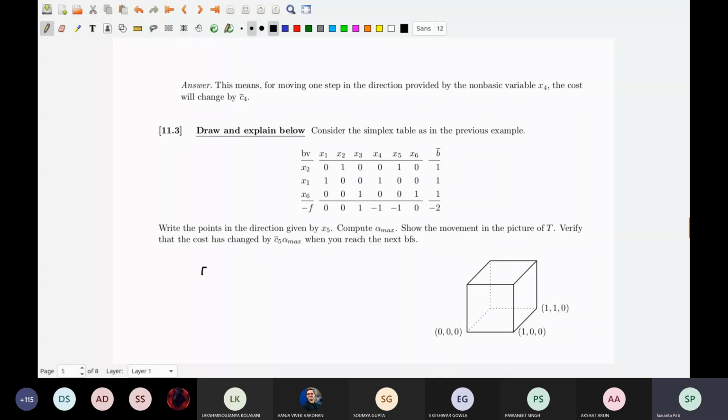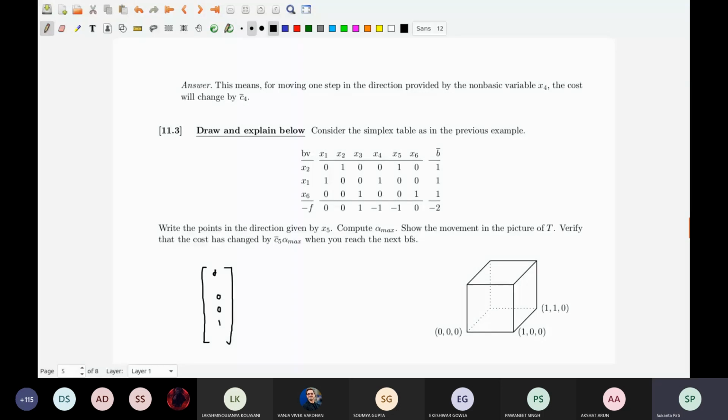It will be given by keeping x5 equal to 1, the other non-basic places, that is d3, d4, d5, d5 is 1, the other non-basic entries are 0. Now how do you get the other things, that is d1, d2, d6?